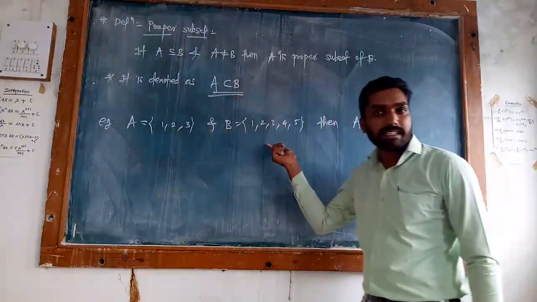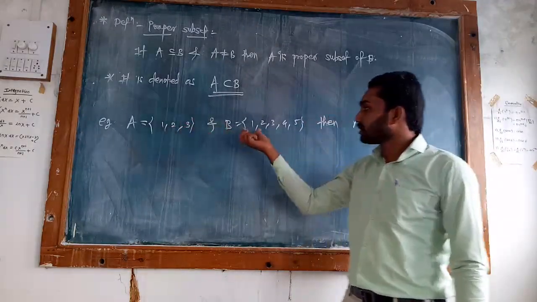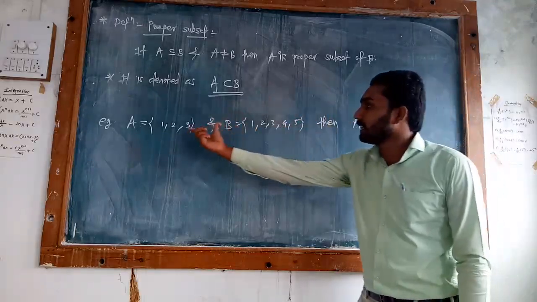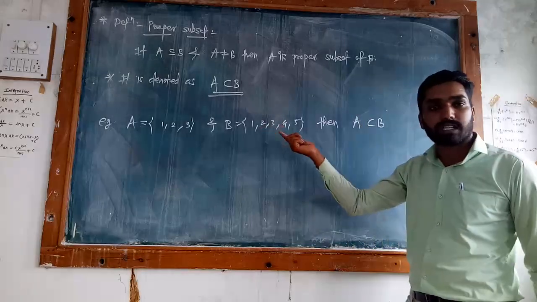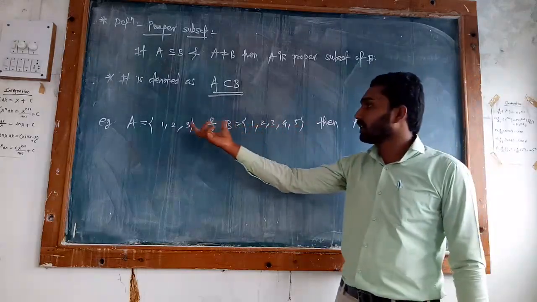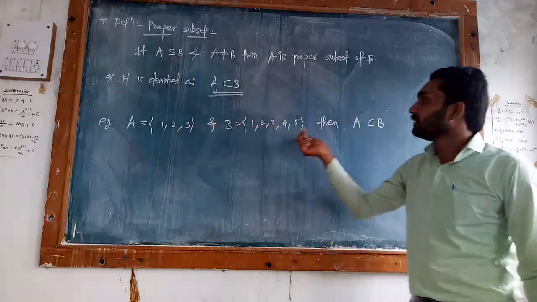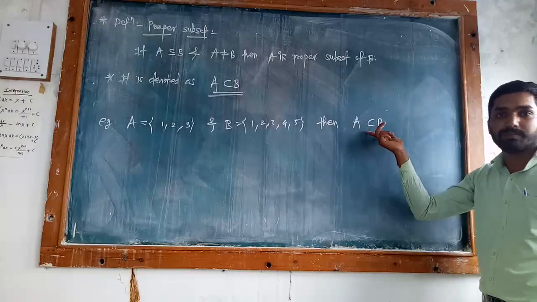A is a subset of B, yes, each element of A is also an element of B. And A is not equal to B, since the elements of A and B are not all equal. So therefore A is a proper subset of B.